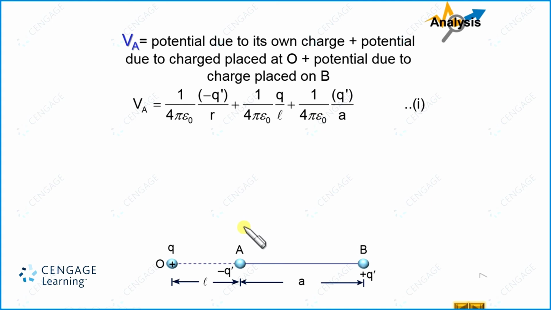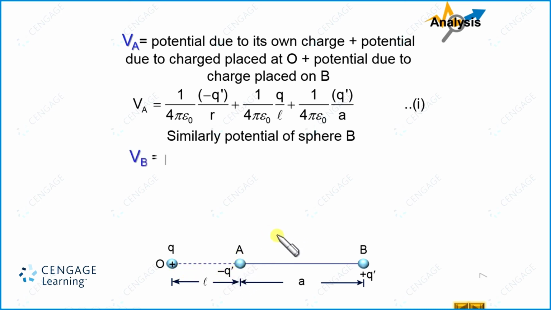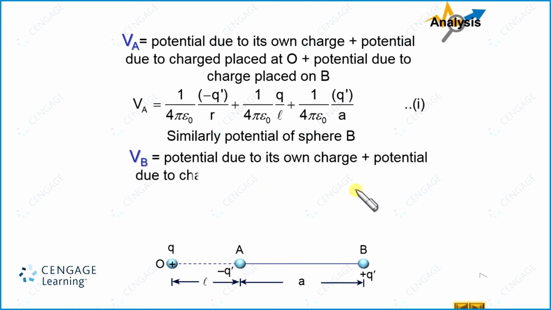Now, let us write the potential at B. In a similar fashion, we can write the potential at B, because the potential at B is equal to the potential due to its own charge plus the potential due to small q present at O plus the potential due to the minus q dash charge. So, we can write this relation.